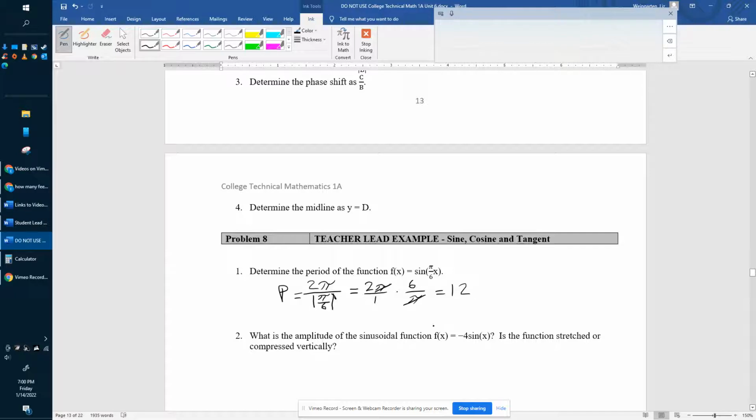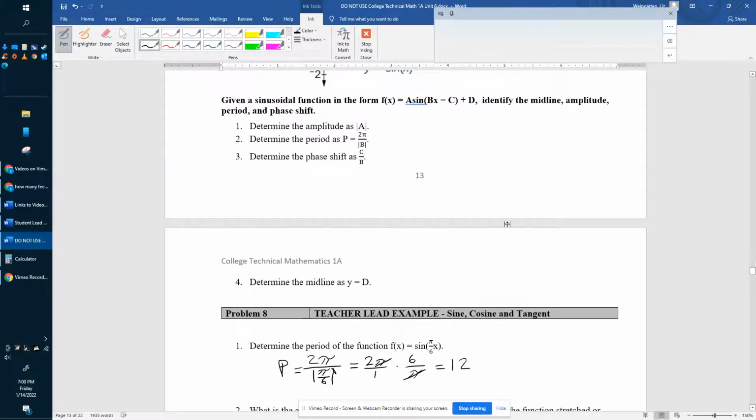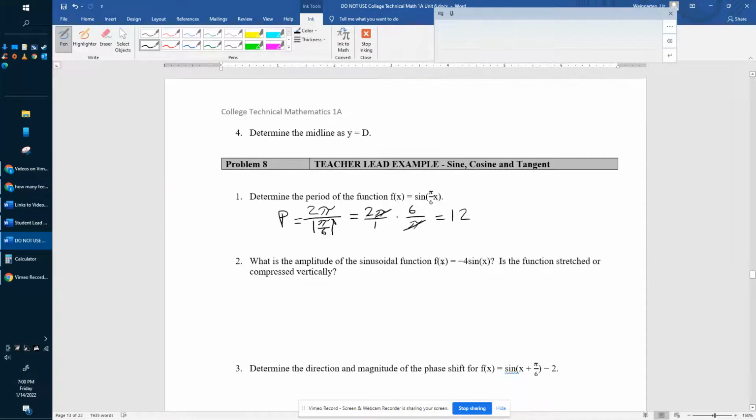What is the amplitude of the function f of x equals negative 4 sine of x? Is the function stretched or compressed vertically? So let's see. The amplitude is the absolute value of a. a is what's being multiplied on the outside of the function. So the absolute value of negative 4, which is 4.